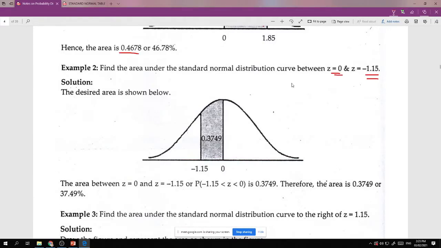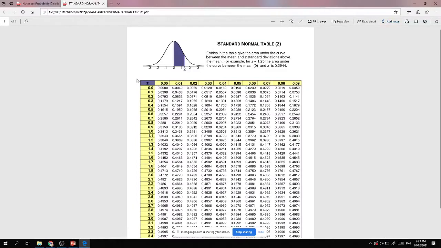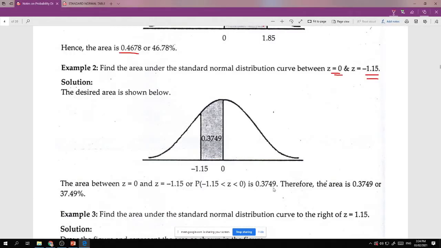In using the table, just look at the positive one. Anyway, it's totally the same. 1.1, then 0.05. What's the value here? Okay, so take note, that's 0.3749.